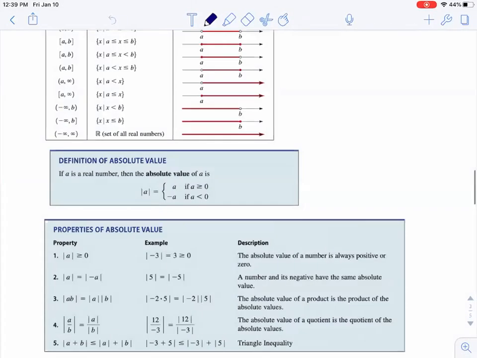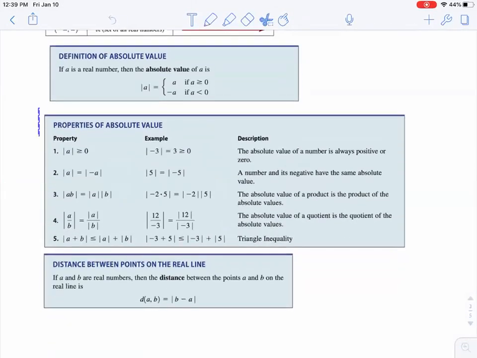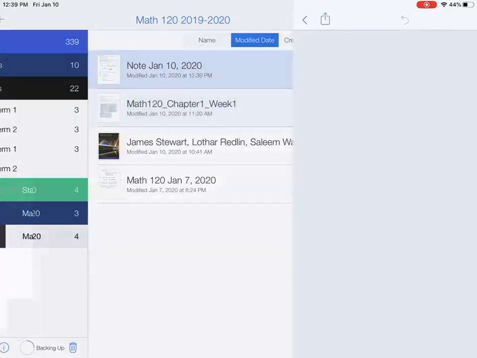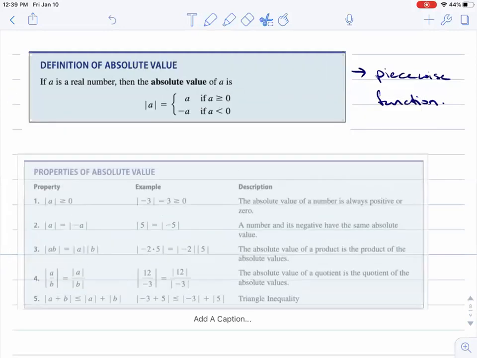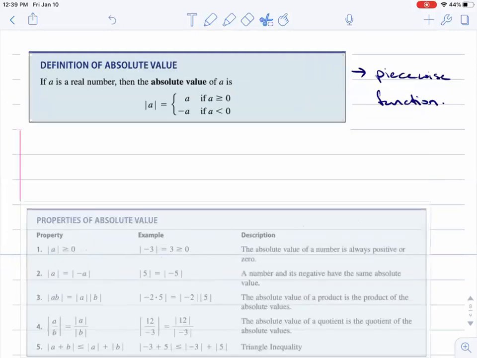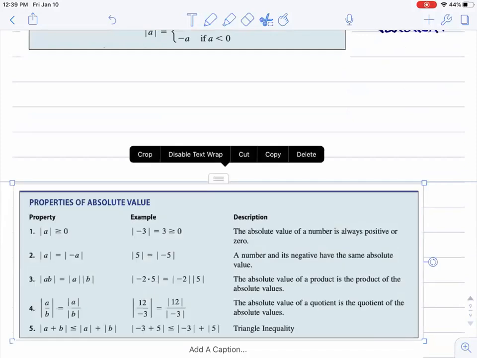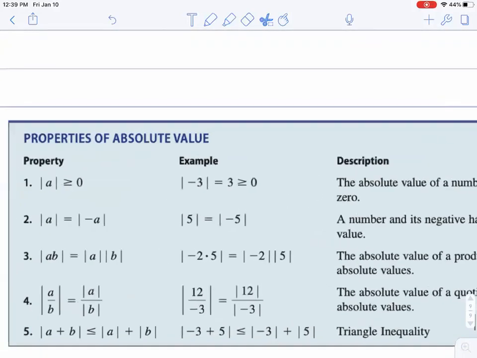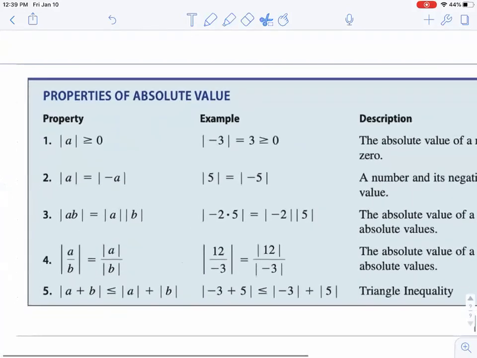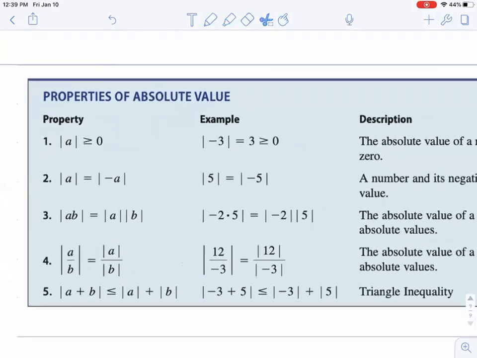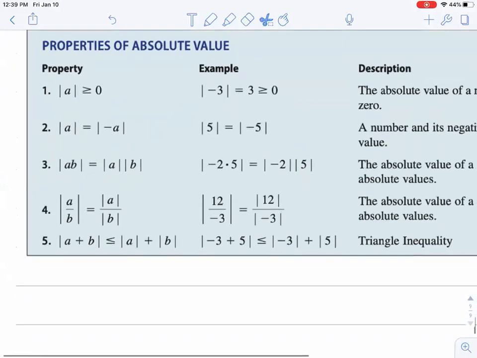We'll put the properties of the absolute value on here too. So again, this just outlines some properties.